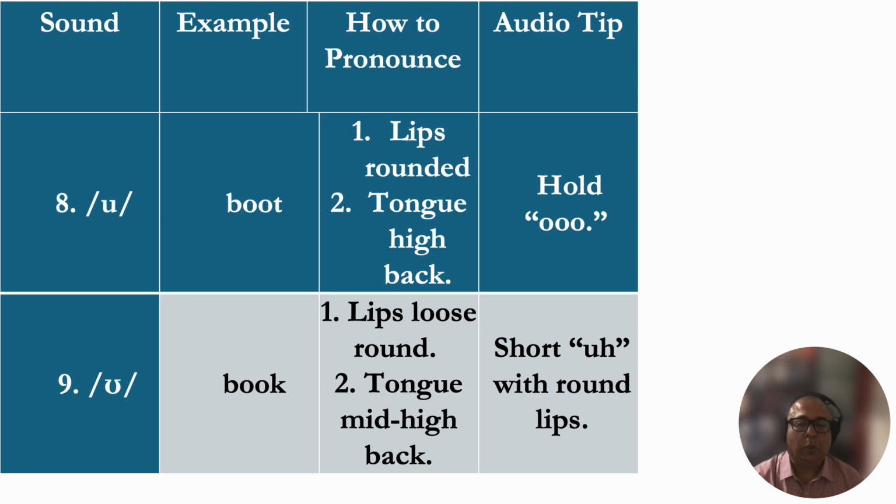So maybe just hold and say ooh, boot. Number 9 is stronger. It's short but your lips are still round. Okay, but they're loose. So as in book. Ooh, boot. 9. Book.